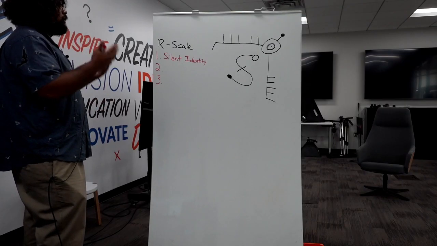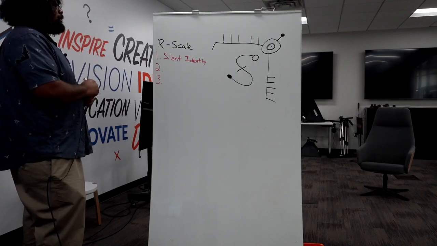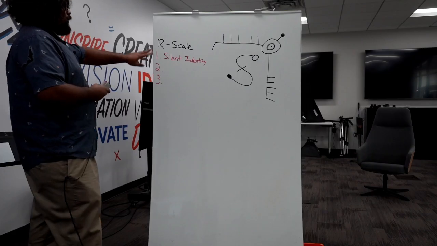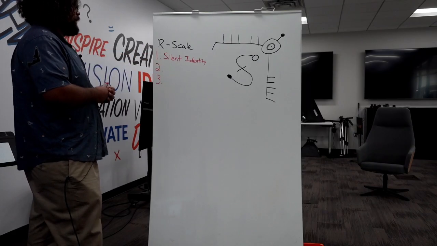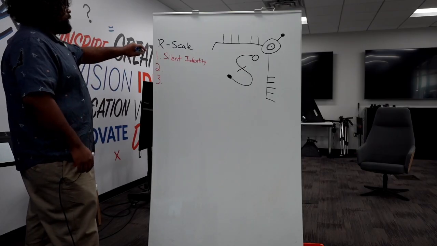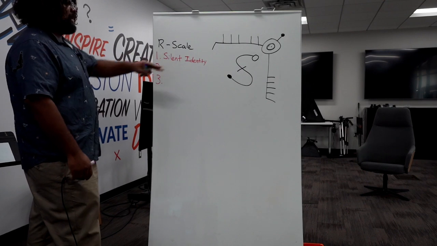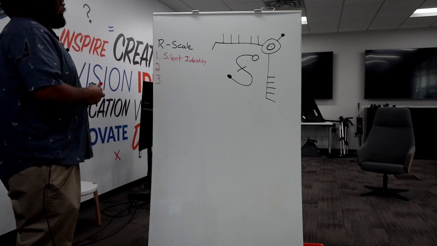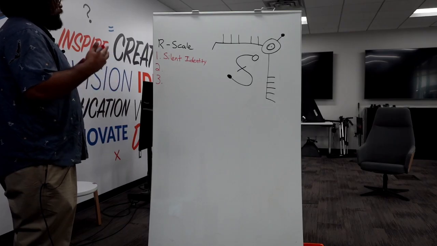There are other terms you can use besides silent. You can also say self-identity or something like that, but standard theory refers to the first characteristic of communication as silent identity.